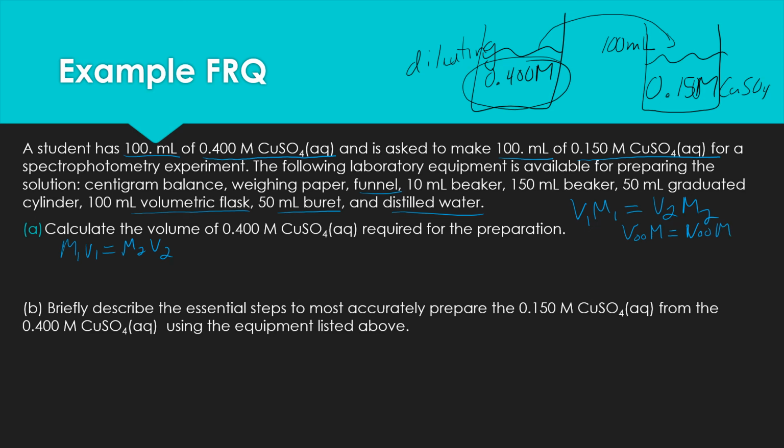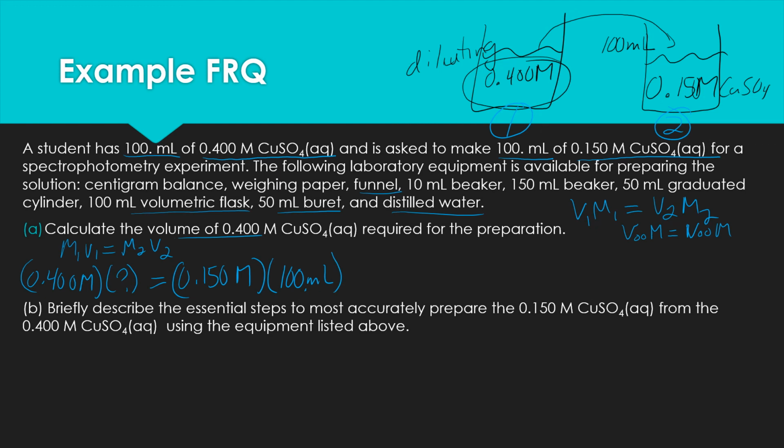All right, so if that helps you, go for it. So our containers, I'm going to call this container 1, container 2, so I've got my 1s and my 2s. So my molarity is 0.400 molar. I need to figure out the volume of that chemical that I need to measure, and I'm making a 0.15 molar solution, and I'm going to make 100 milliliters of it.